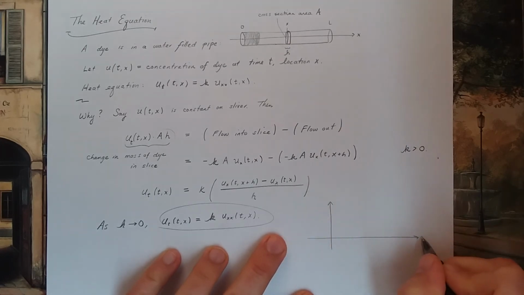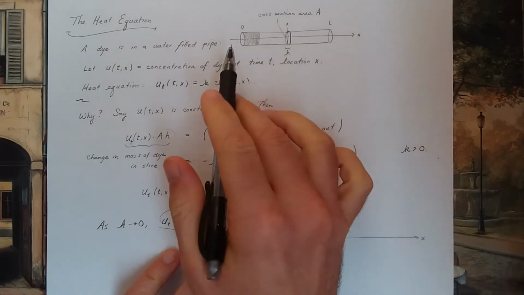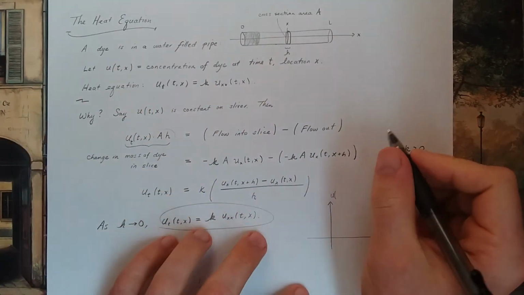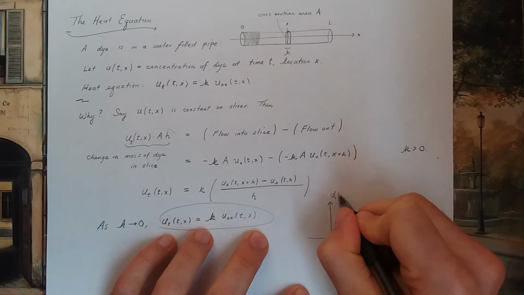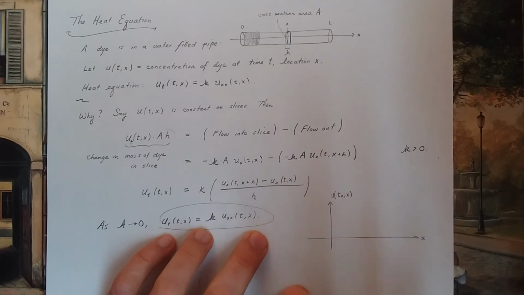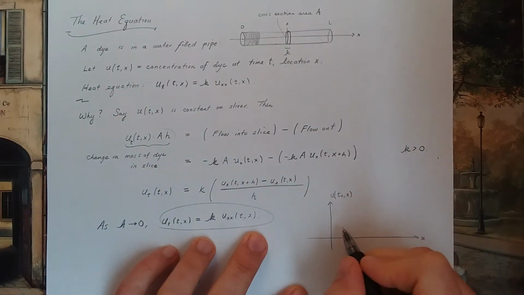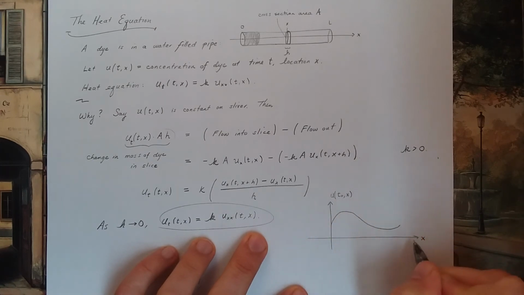So let's say this is x, and I'm going to plot the concentration of the dye at a certain fixed point in time. So I'm fixing time and I'm going to take a snapshot of the dye concentration at location x. So maybe the concentration looks like this.